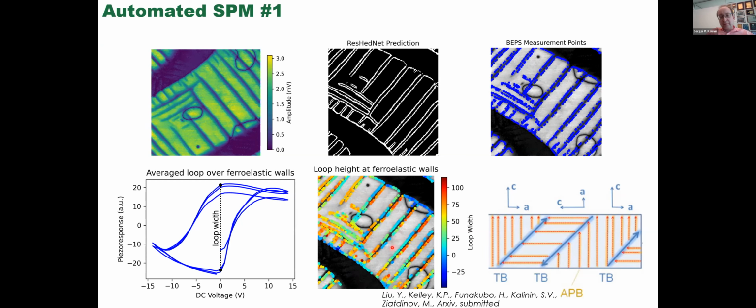And you can see that some of the variability is obvious. There is a difference between left and right side of the wall. Makes sense because the wall is tilted. There is some variability which is less clear where it came from. For example, this variability. We can say that this may be related to the depolarization field between the large in-plane domains. And of course, we can do it for other instruments.